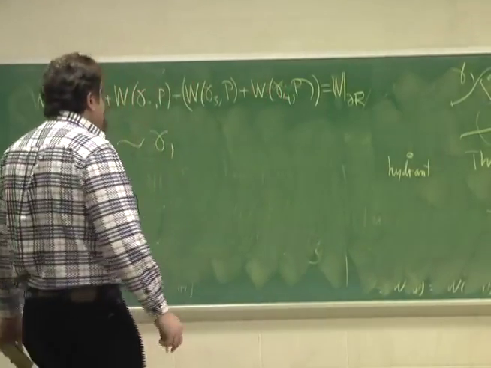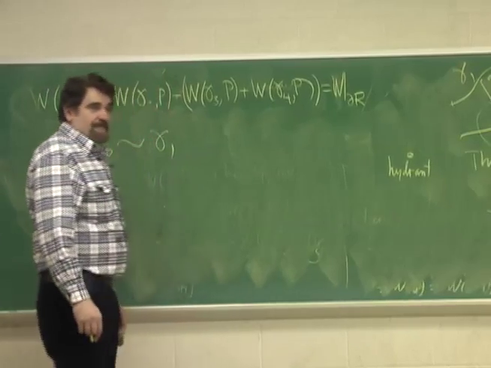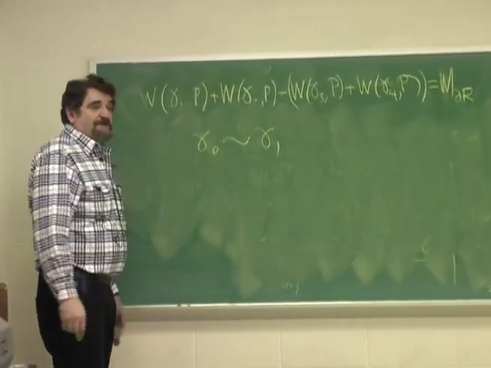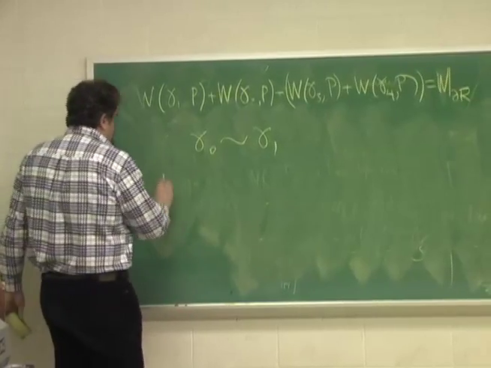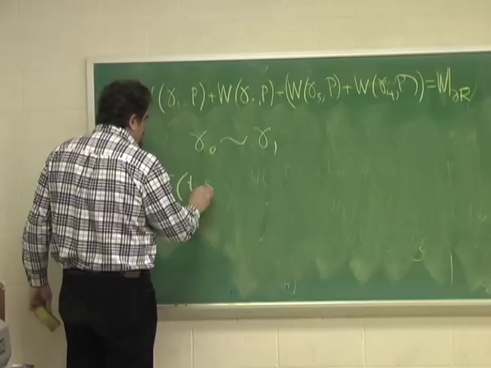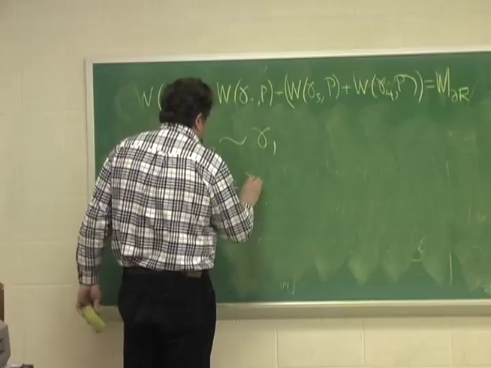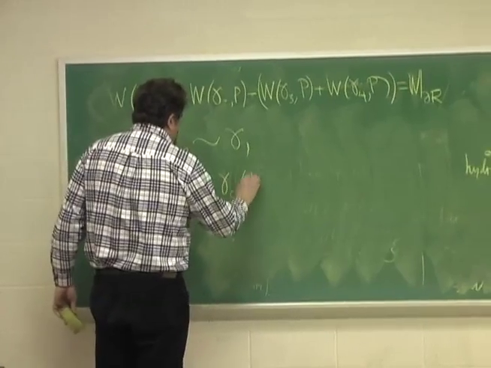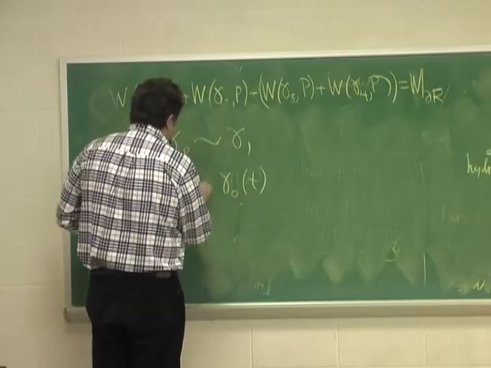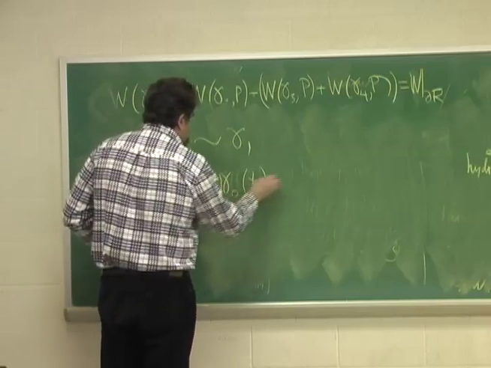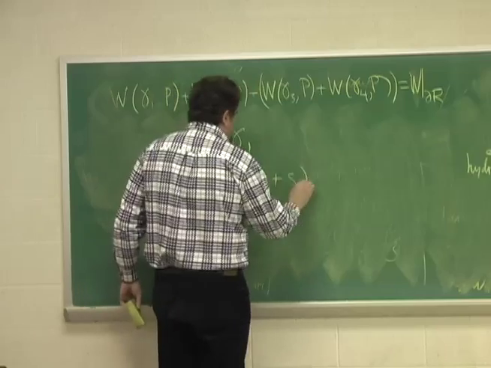And then I have to invent a homotopy. And it is the easiest way to invent. Gamma of t, s is gamma naught of t times 1 minus s plus s gamma 1 of t.